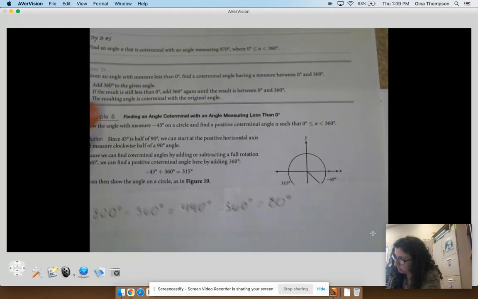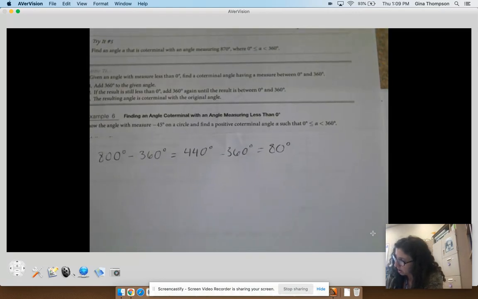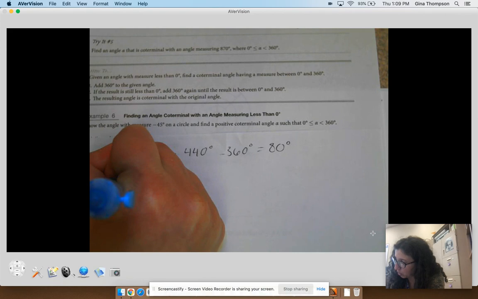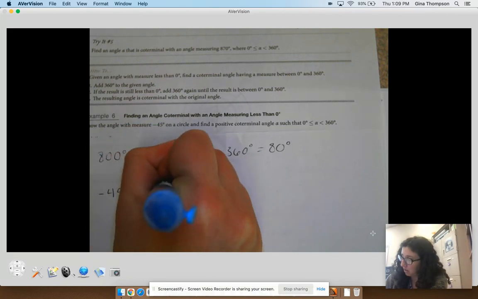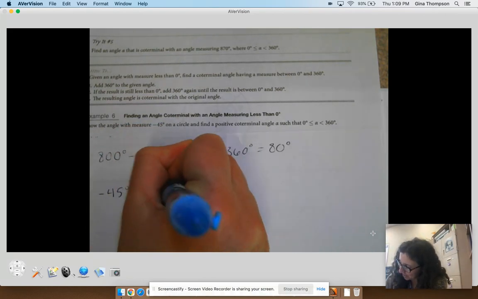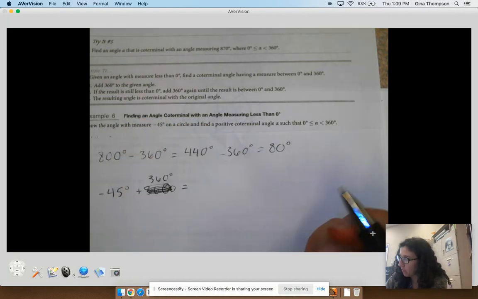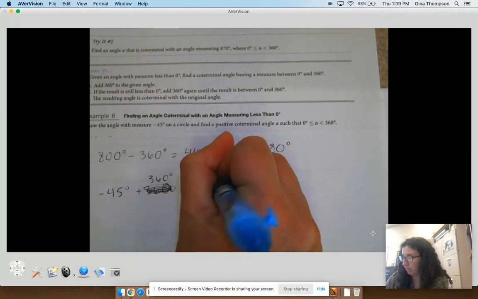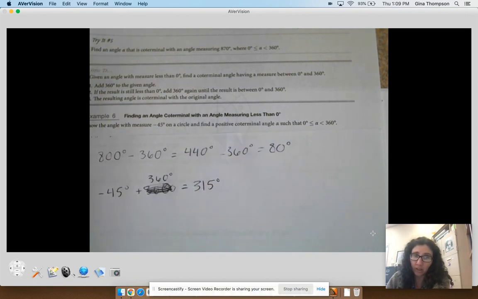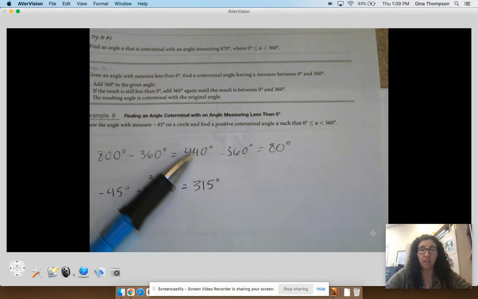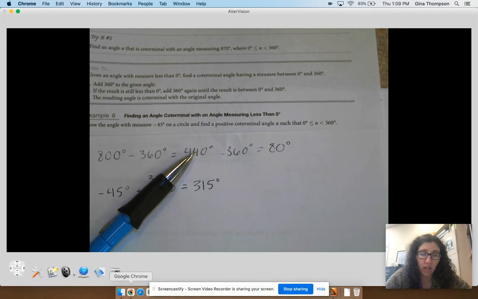We'd say minus 45 degrees, we could just add 360 degrees, which is going to be 315 degrees. And we could just keep adding 360 until we got between 0 and 360 if necessary. So again, nothing fancy.